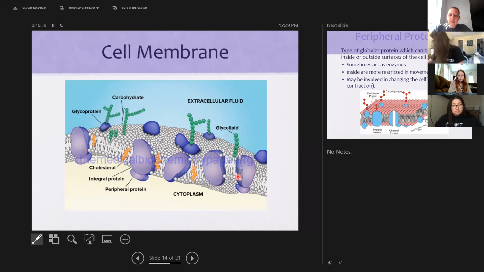Here we have some other proteins. Here we have an integral protein. Here we have a peripheral protein. We'll talk about that here in a second. But it's just so dynamic and ever changing and moving. And it blows my mind how complex this structure really is.